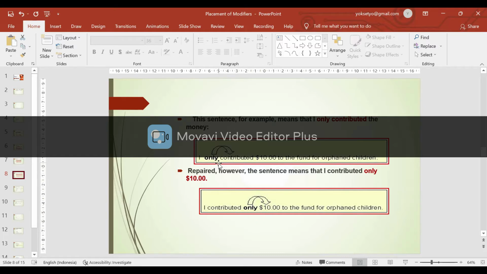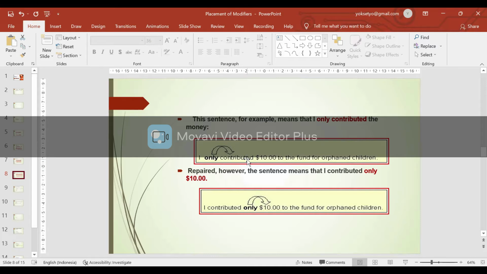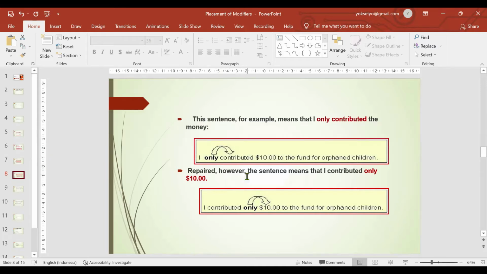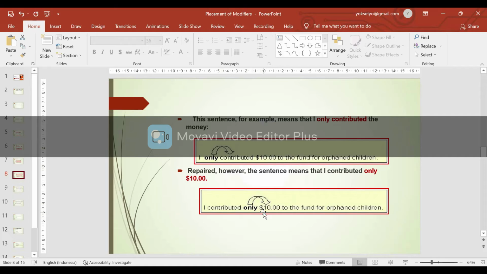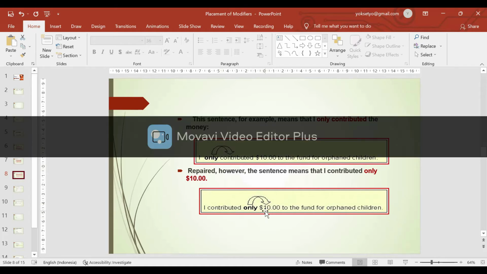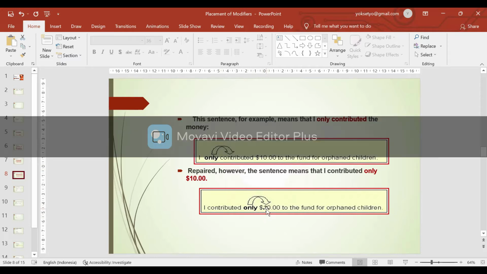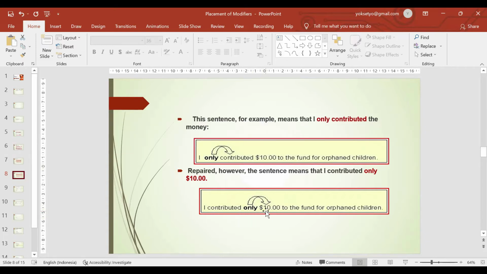Because when we say only contributed, the meaning will be different, right? But when the writer wants to say that only modifies the money, the amount of money, it should be placed closely to the money. I contributed only $10. That is the correct one.